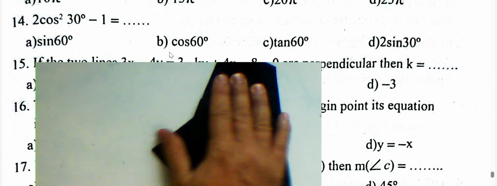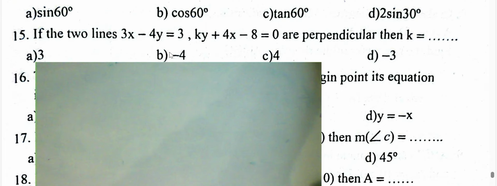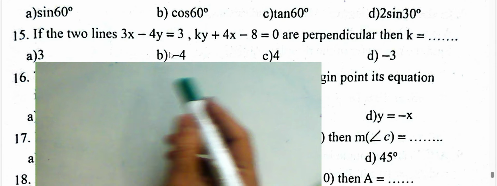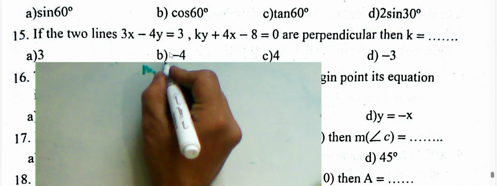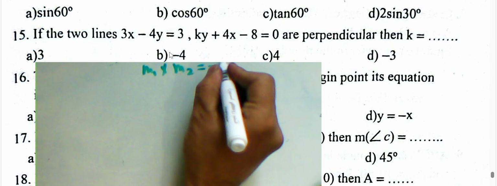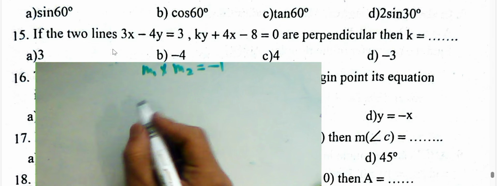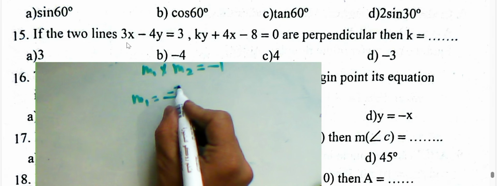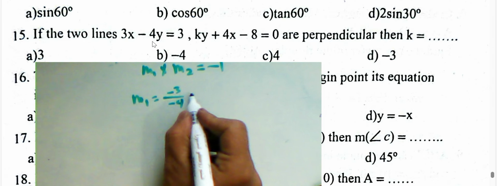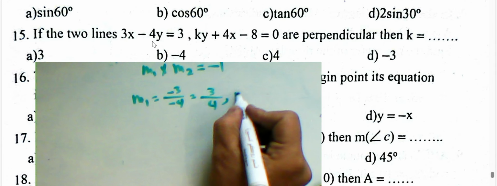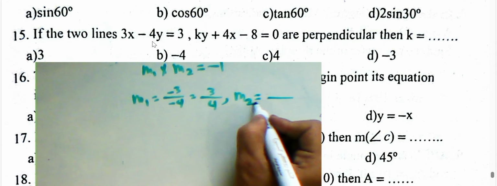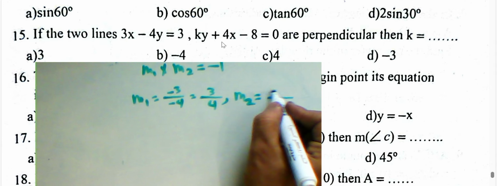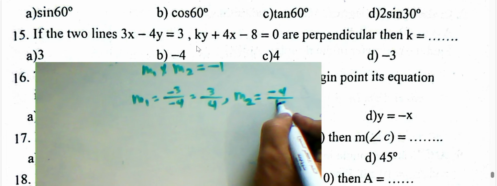Next example. Number 15. Two lines here are perpendicular, then k equals... perpendicular means slope 1 times slope 2 equals negative 1. Slope 1 equals negative coefficient of x over coefficient of y, which is 3 over 4, and slope 2 equals negative coefficient of x over coefficient of y.